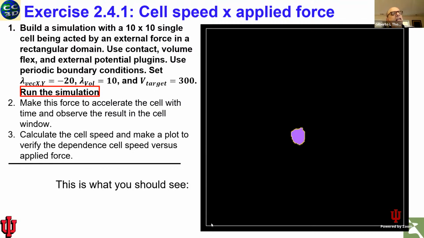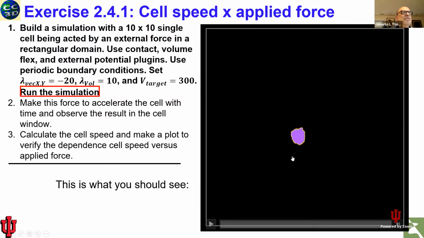Although what you are seeing here is a plane representation, the cell is moving over a torus-like surface, because the border here is the same position that we have at the left side, and the top side is the same as the bottom side.